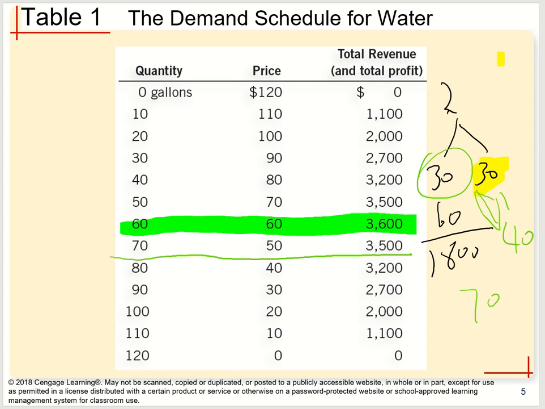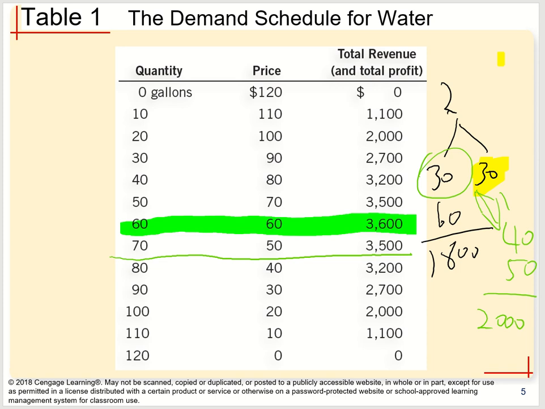So it looks like the market is worse off, because before the market was $3,600, but now it's $3,500. But the company that cheated is better off, because remember, they're selling 40 units of water, and each unit they can sell for $50. So this company's profit is going to be $2,000.